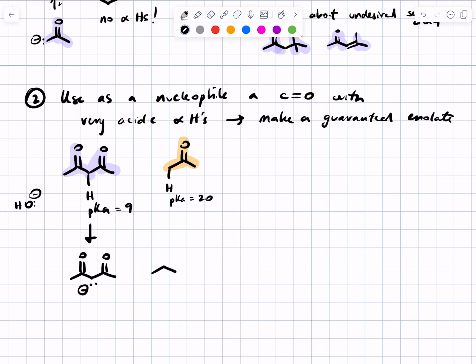Having done that, and by the way, you do this in 100% quantitative yield, that's because OH minus is a good enough base to remove that proton. Remember, the pKa of water is 16, and you know how to judge how efficient and effective acid-base steps are based on pKa comparisons. At that stage, there's no contest at all.